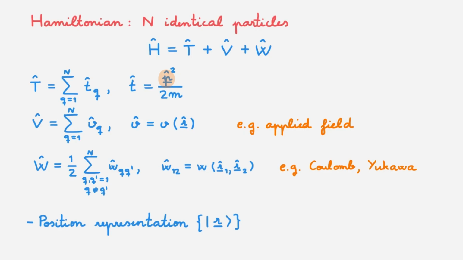This is motivated by the fact that both the external potential here and the pairwise interaction potential here and here typically depend on the position of the particles. As the creation and annihilation operators in the position representation are what we call quantum field operators, in this video we'll write this Hamiltonian in terms of quantum field operators.